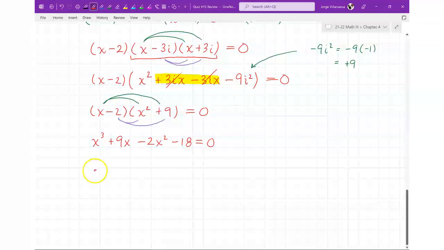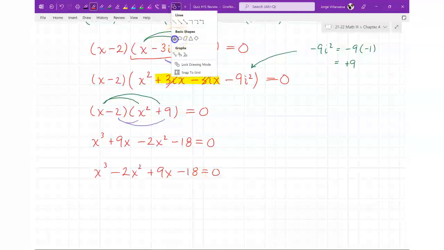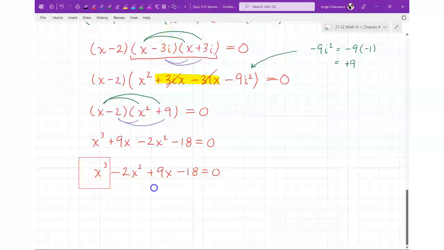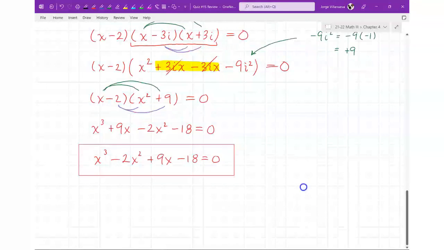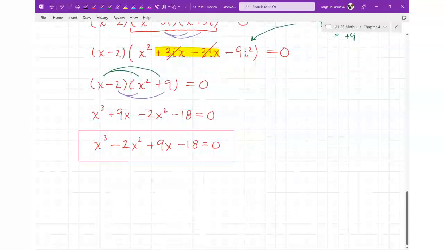So x cubed minus 2x squared plus 9x minus 18 equals 0. Now, if you don't do that, just look for it in the multiple choice, and you should be able to find the right one. You don't always have to rewrite it like I did, but that's how you're going to be working on those.